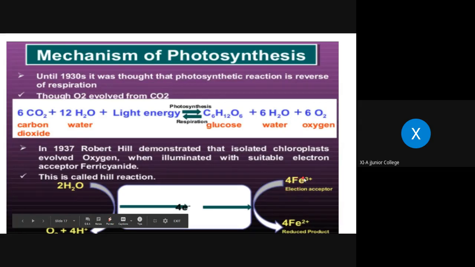Fe, here you can see plus 3, right? And when it is reduced, what happens? It becomes plus 2, that is reduced. So the ferric form got reduced to the ferrous form. This is the electron acceptor. Then from where did these electrons come? These electrons came from the splitting of water.